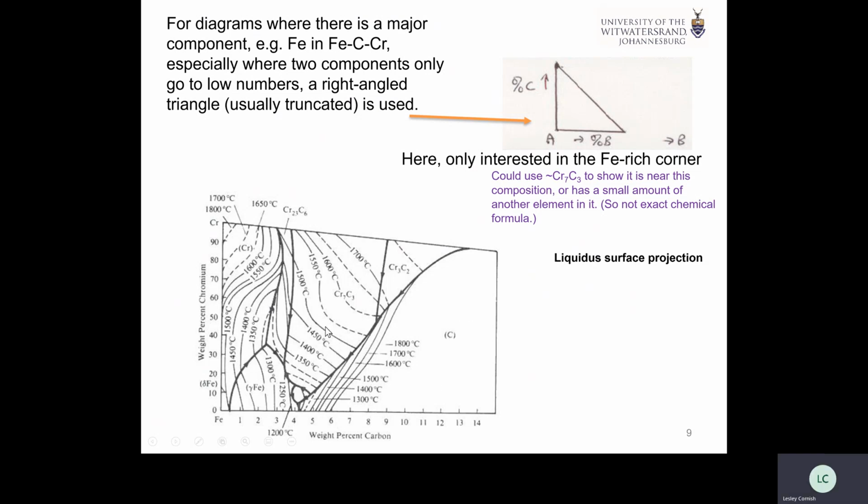And here's the Liquidus surface projection, sometimes called the Liquidus surface, sometimes called the Liquidus projection, sometimes called the liquid surface projection. And what it shows is areas where the liquid is going to solidify to a particular phase.